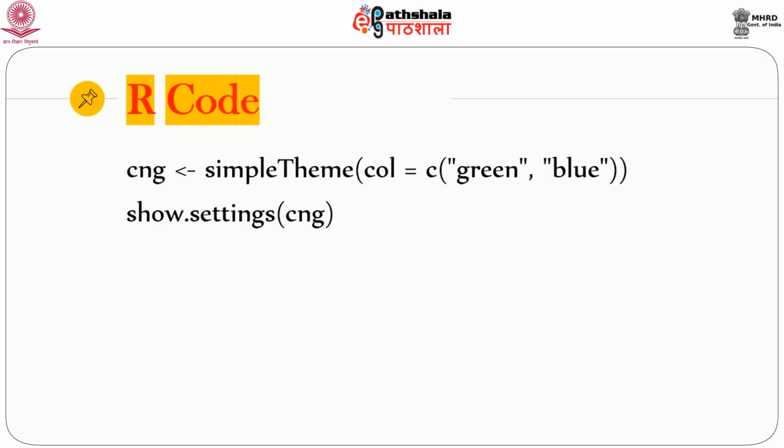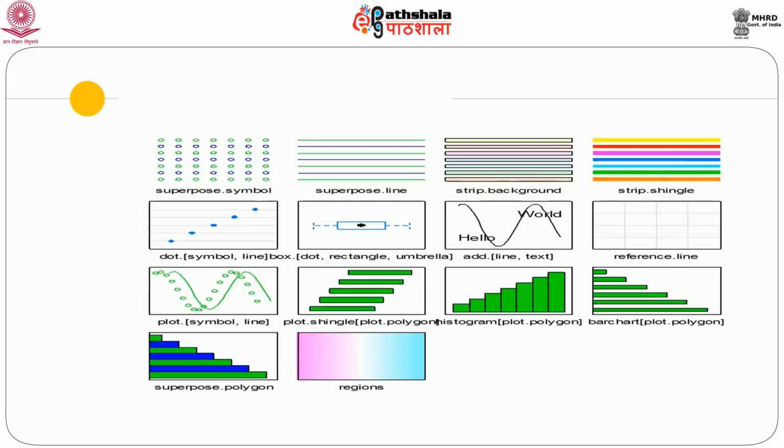Now if we want to see the transformed settings, then we need to type show.settings, then within the first bracket CNG, where the changed version has been stored. Now look at the output that we are getting here, as it shows the transformed settings that we wished for.